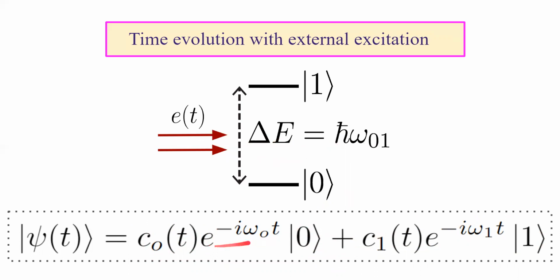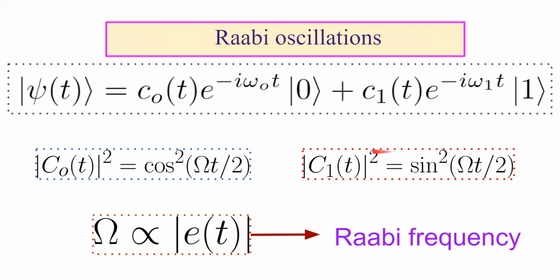So the free Hamiltonian time evolution is captured by this phase terms, and the effect of the drive part on the time evolution is represented by this time varying terms. Now, when you have a two-level system, the expression of these time varying terms were found to be oscillating, right?